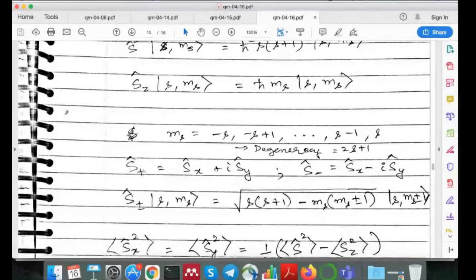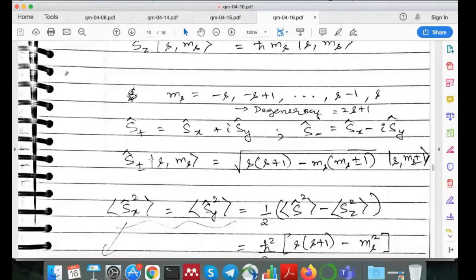Now you also define S+ and S-, just like you did for the orbital angular momentum. S+ is Sx + iSy, and S- is Sx - iSy. Now you have S± acting on |s, ms⟩.